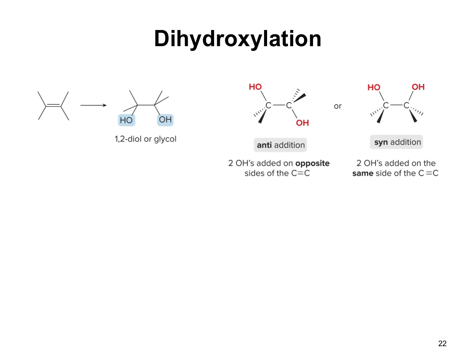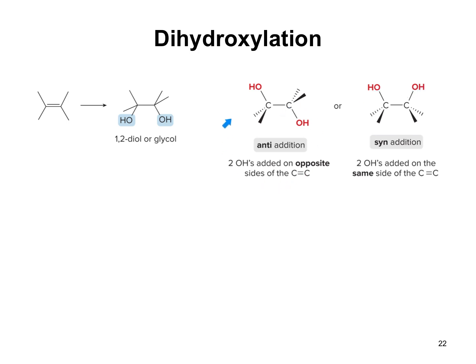So dihydroxylation is just the addition of two hydroxy groups to a double bond here. This forms a 1,2 diol or a glycol. So if you have these two hydroxy groups here, that's also known as a glycol. Now, depending on the reagent, the two new OH groups can either be added to the opposite side, so an anti-addition here, or to the same side here.